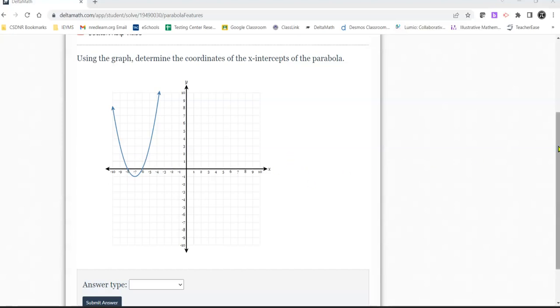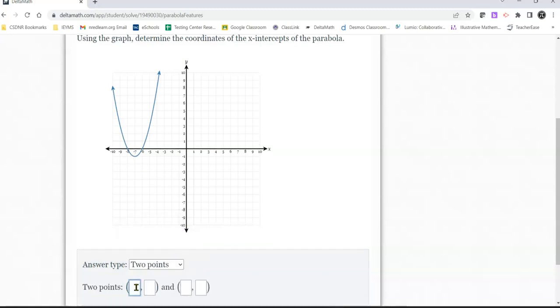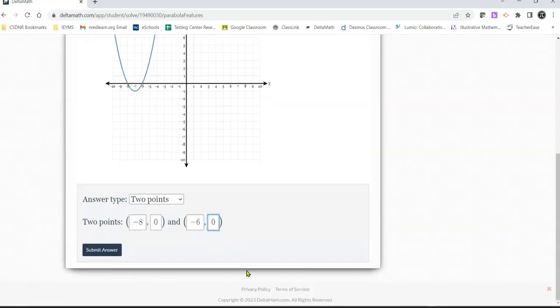It's going to ask us here about our answer type, whether there's 2 points, whether there's 1 point, or whether there's one equation. So for us, it's 2 points. And those 2 points are -8, 0, right, because the x value is -8. And the other one is -6, 0.